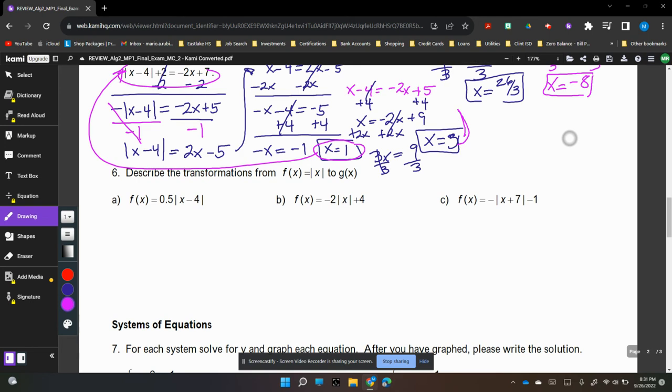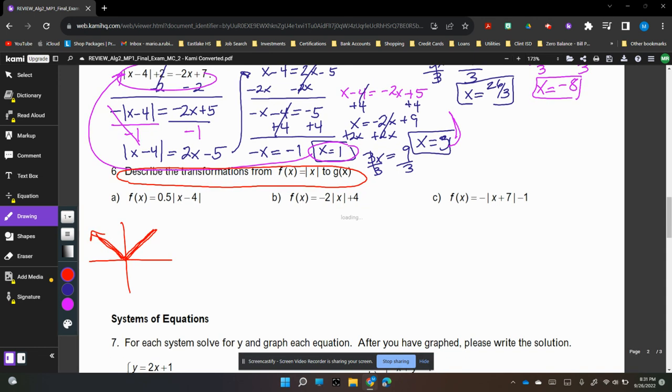Okay. What I would do for number 6 is I would graph this in Desmos or in the TI Inspire. Once you do that, you're going to see that it's going to look like this. I would graph f of x equals the absolute value of x.